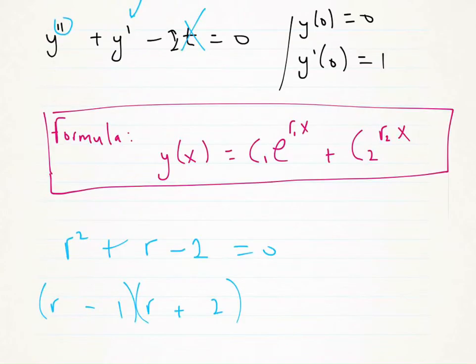So now we're going to use this formula here. Anywhere I see r1 or r2, we're just going to fill them with the answers we got. The only thing we have to change about this is we're dealing with t's here, not x's, so we're just going to replace that x, and that x with a t.